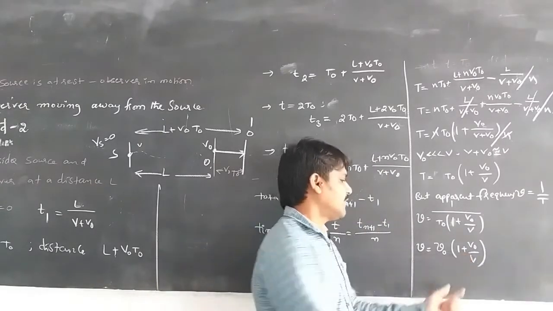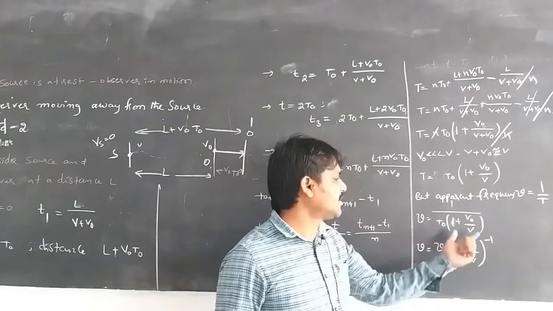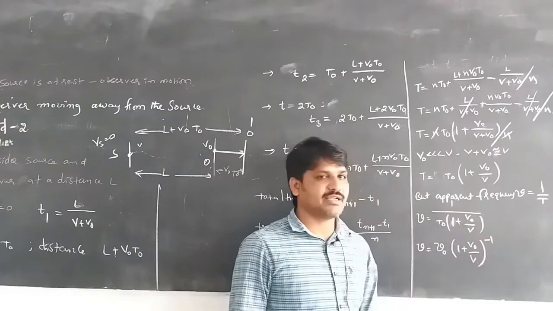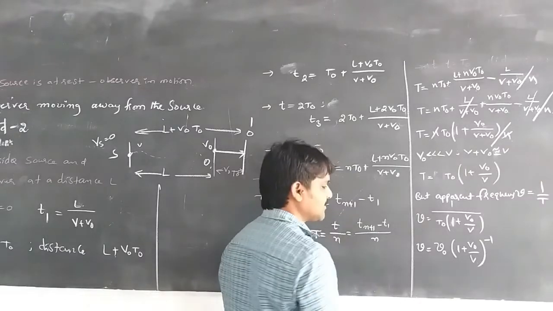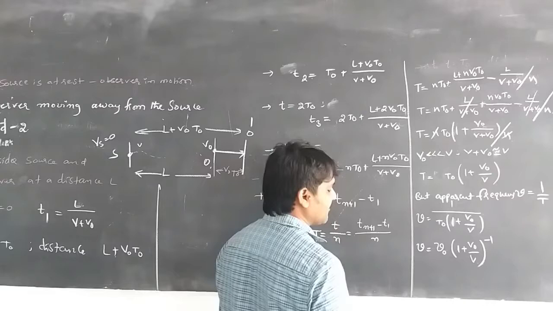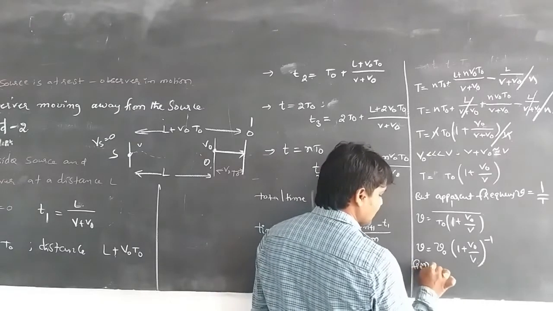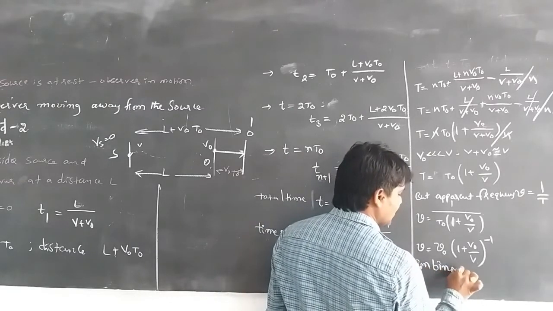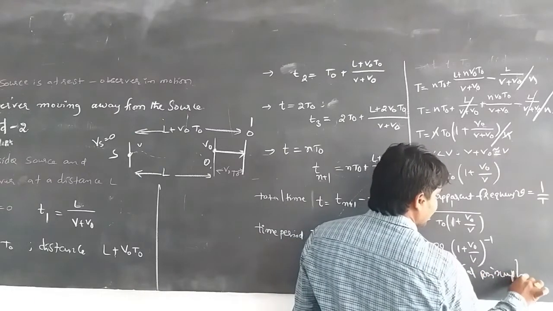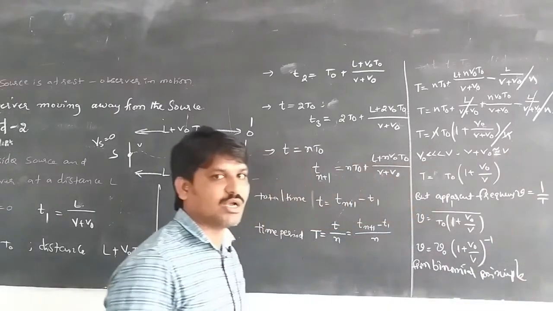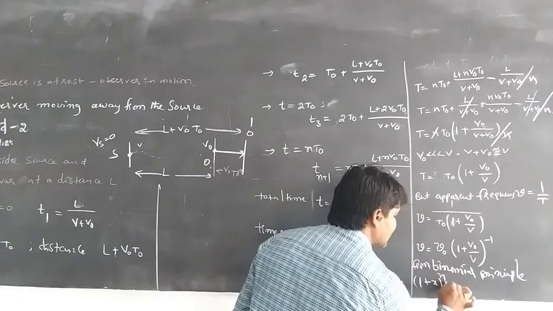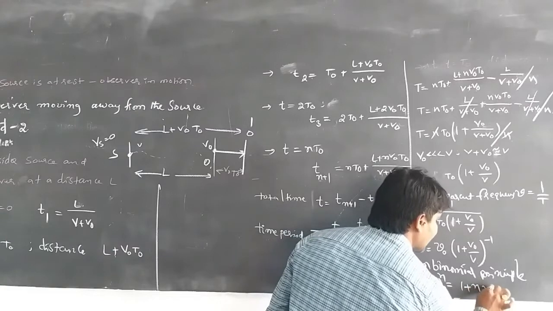Here the power is minus 1 because the denominator taken to the numerator gives the inverse sign. So from the binomial principle, 1 plus x power n is equal to 1 plus nx.